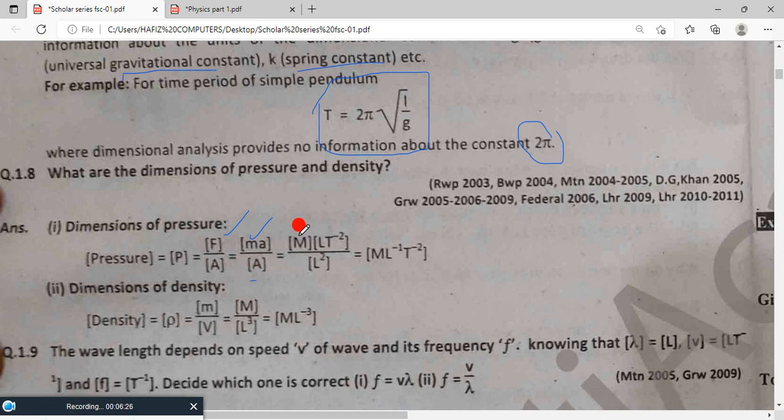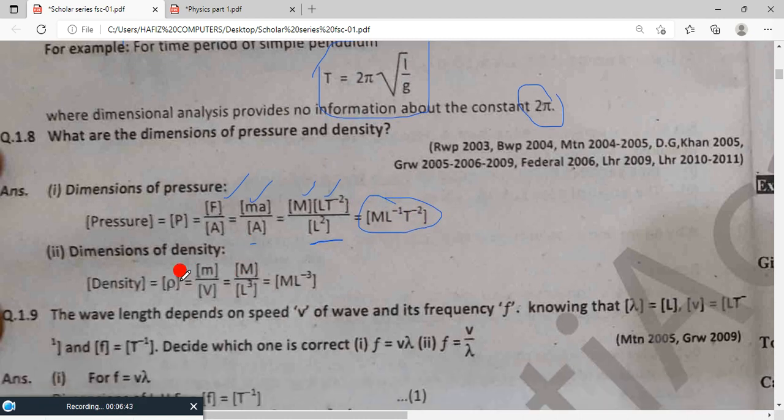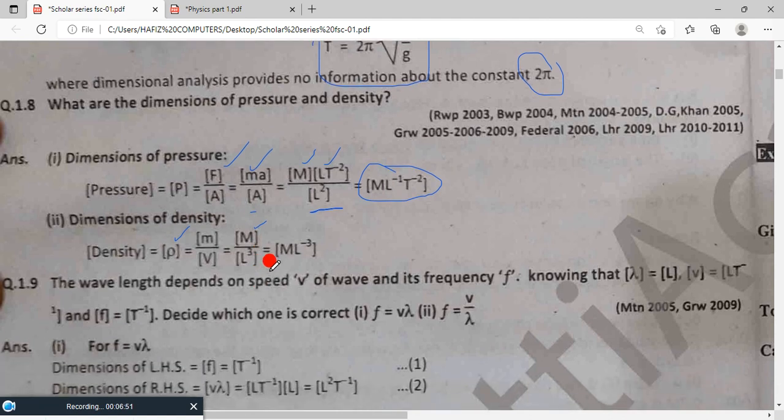Writing the dimensions in square brackets: M, then LT to the power minus 2 for acceleration, and area having dimensions L squared. Simplifying, we get ML to the power minus 1 T to the power minus 2. Dimensions of density: density is equal to mass over volume, so mass M divided by volume L cubed gives the dimensions of density.